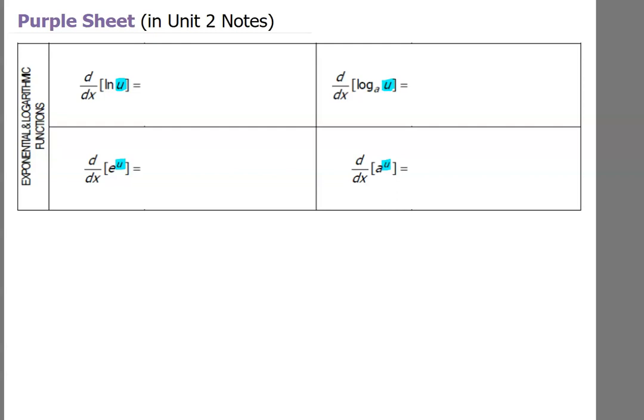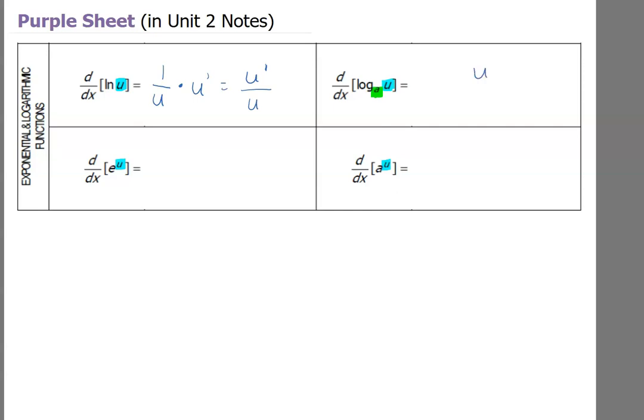So we just looked at natural logarithmic functions, and those are the nice ones. 1 over u, and then a fixer piece of u prime. Again, the u prime is nothing new, nothing fancy, nothing special. It's literally just the fixer piece because of the chain rule. That's one way to write it. It's also very common just to write it as u prime over u. If I change the base of the logarithm, so maybe it's log base 2 of u, no problem.